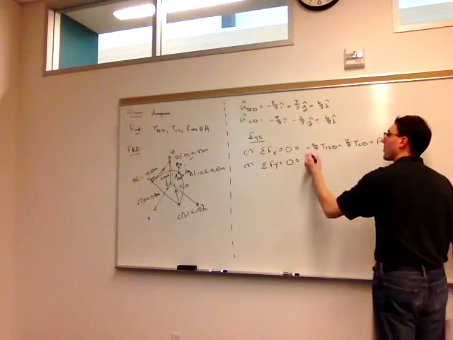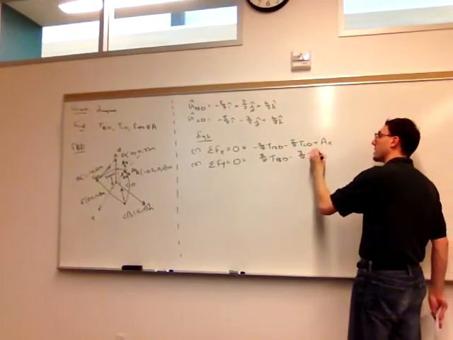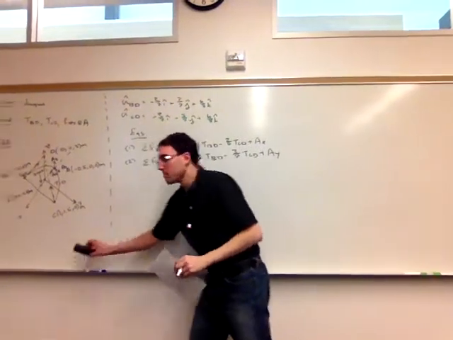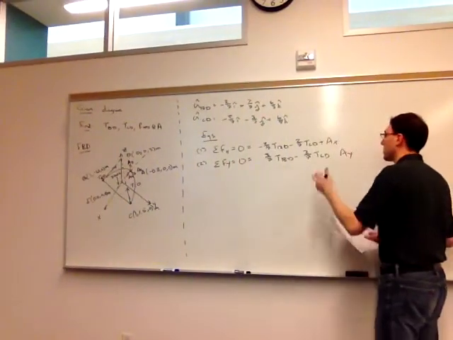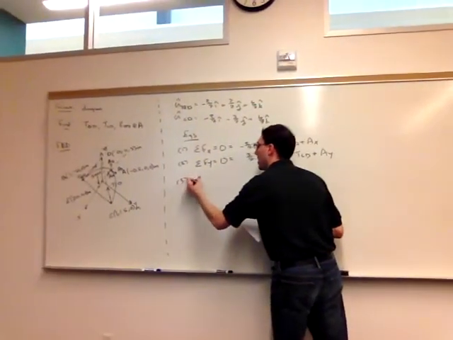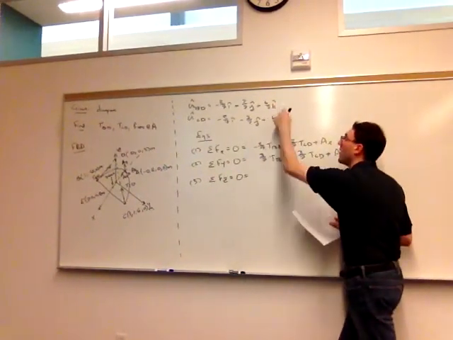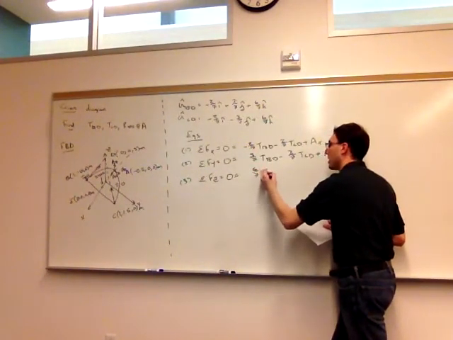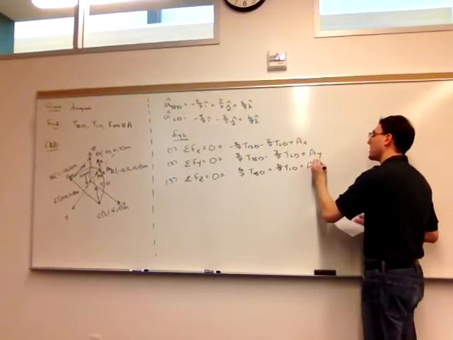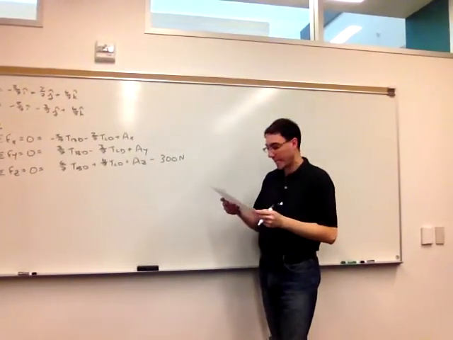In the y direction, we'll have 3/7 TBD minus 3/7 TCD plus AY. And the z direction, we'll have the 6/7 TBD plus the 6/7 TCD plus our AZ minus the 300 newtons from that applied force at what I called E.